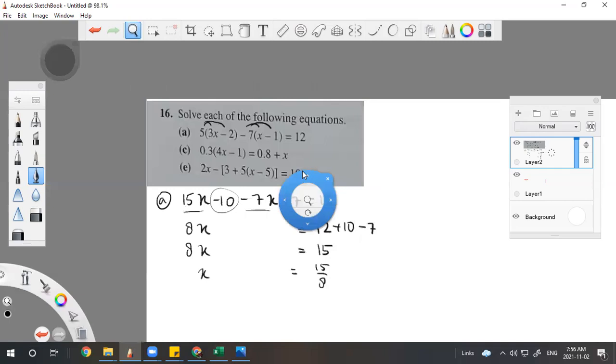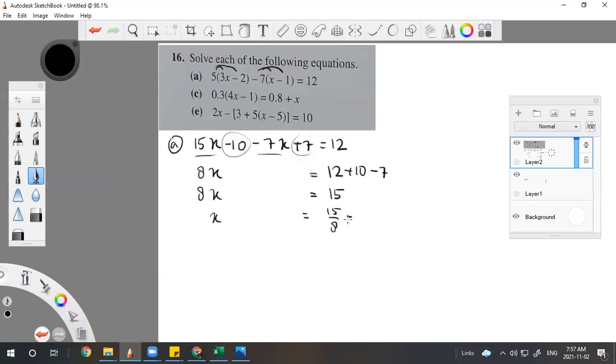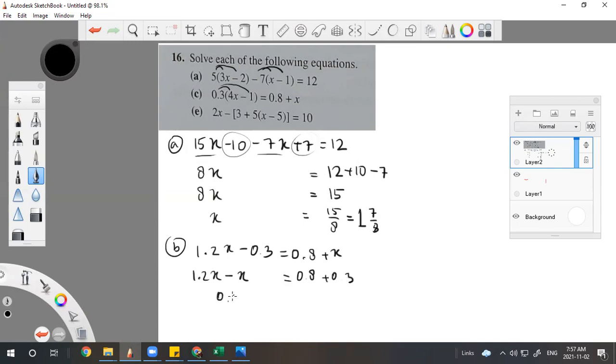Oh, you have to change into a mixed fraction. Okay, that's it. B, oh, we deal with decimals, no problem. 0.3 times 4 is 1.2, minus 0.3 times 1 equals 0.8 plus x. So you put the unknown to the left side, 1.2x minus x, 0.8 plus 0.3. So 0.2x, right?